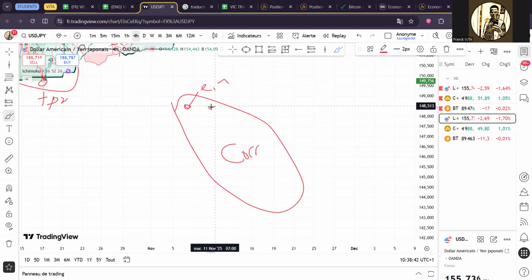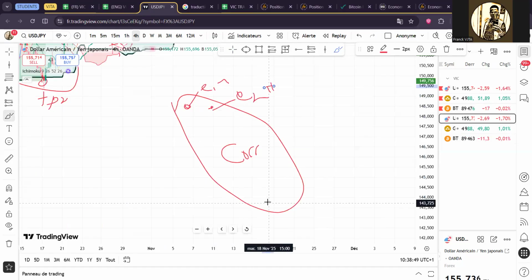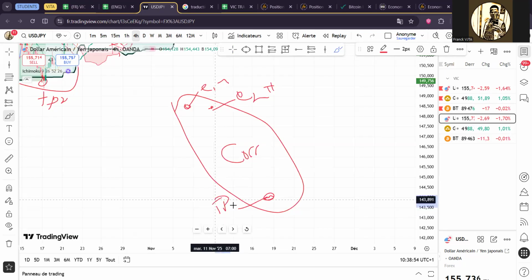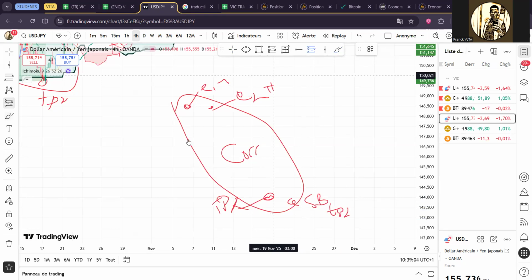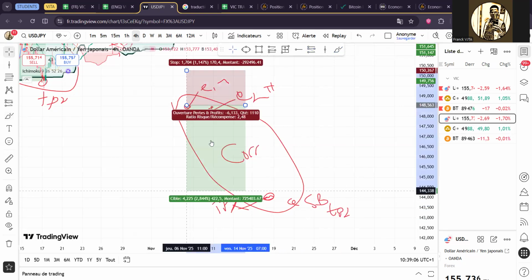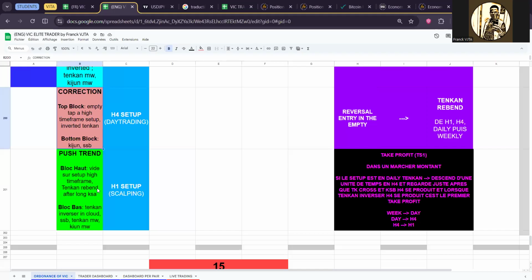The entry number two, which is the inverted Tenkan, and then the first take profit is Kijun, and the second take profit is SSB. So when you sell, you already have your target. Okay. So let us look at the push trend.